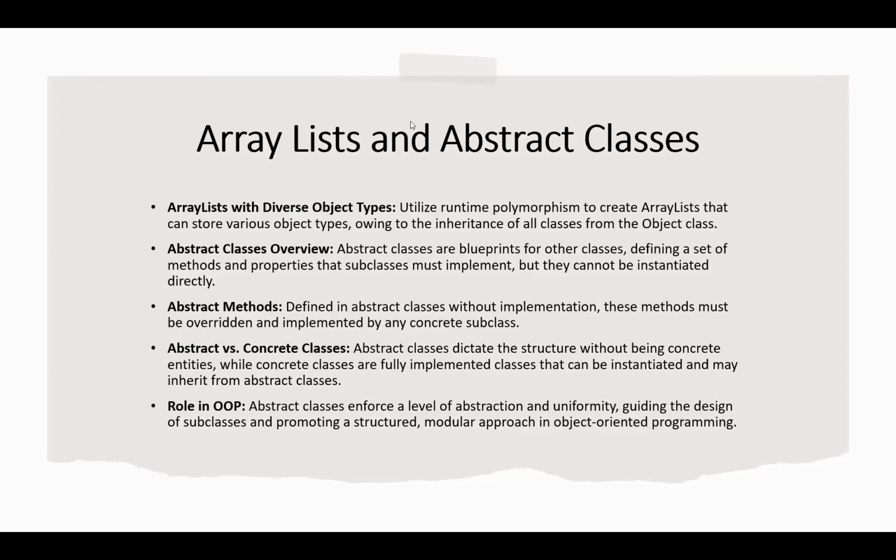And inheritance, this feature allows one class to inherit properties and methods from another, forming a hierarchy. And abstract classes fit into this hierarchy as a special kind of class that outlines methods, but often does not provide a complete implementation for them.